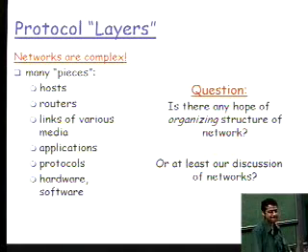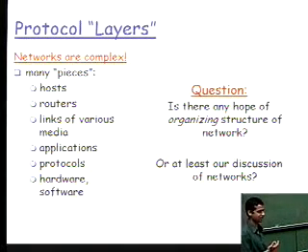There are many different players in making distributed application share data possible. So you have end systems, you have hosts, routers. You have different kinds of applications running, you have different kinds of protocols running, you have different physical links like wireless or optical or cable.